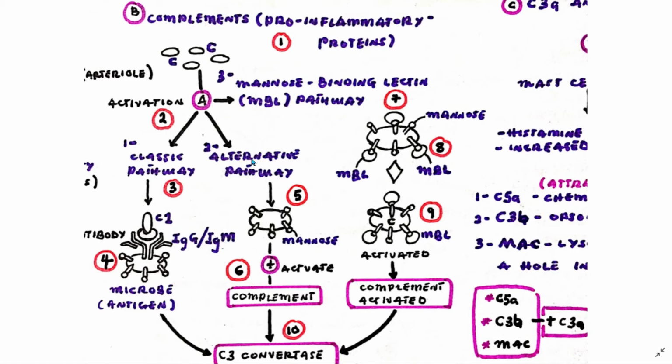Now the alternative pathway is quite straightforward, and here the microbial products directly activate the complement. The third pathway has to do with the mannose binding lectin pathway, or the MBL pathway. And in this case, MBL or mannose binding lectin binds to mannose on the microorganisms, and this activates the complement.